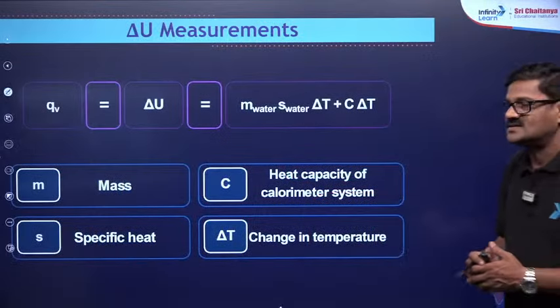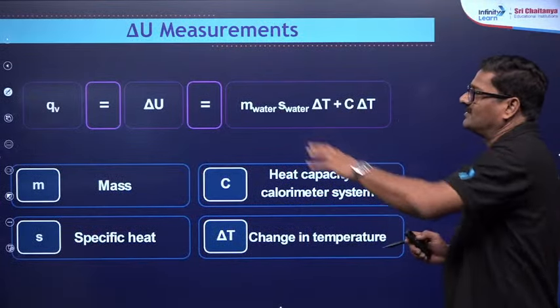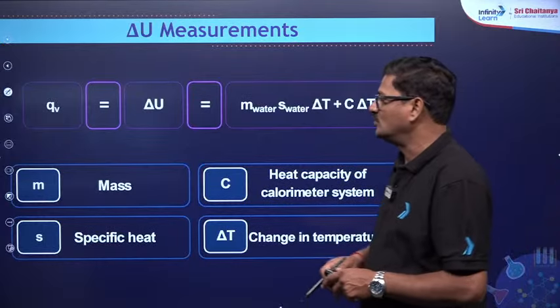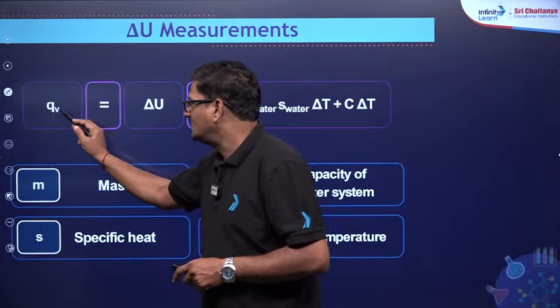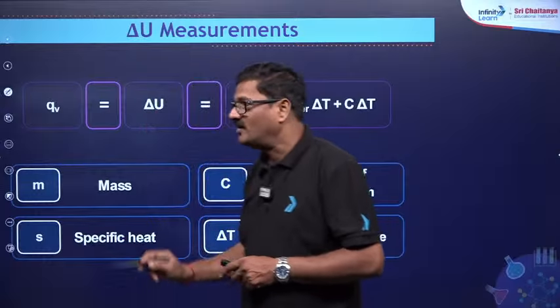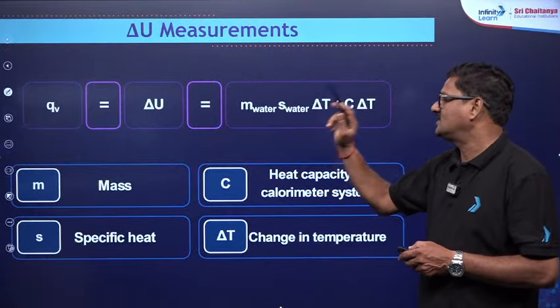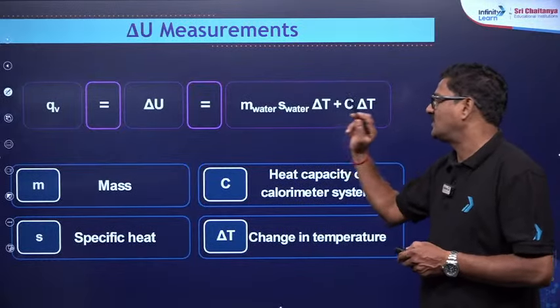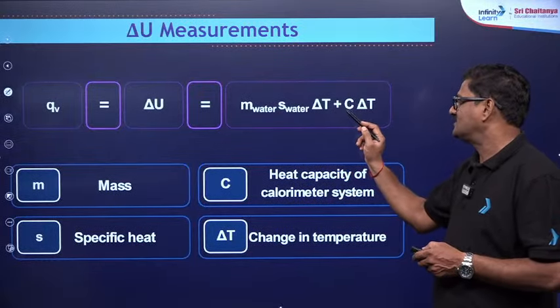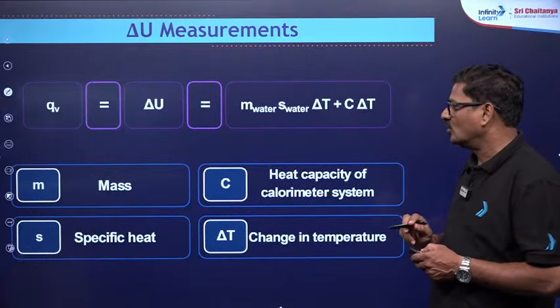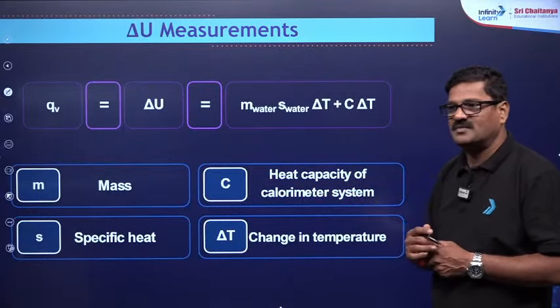You can use this golden formula: Q, meaning heat change at constant volume, that is delta U, is equal to mass of the water times specific heat of the water times delta T plus C delta T. Here M is the mass.